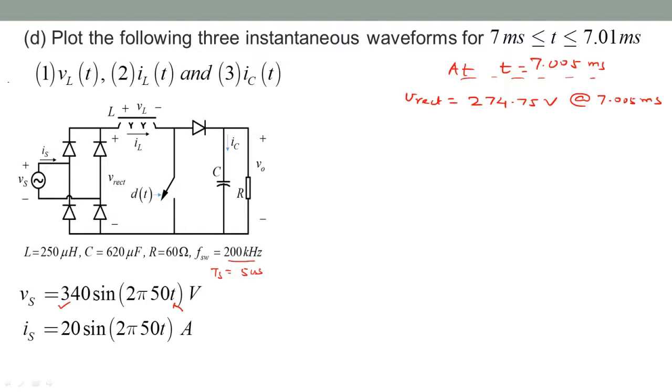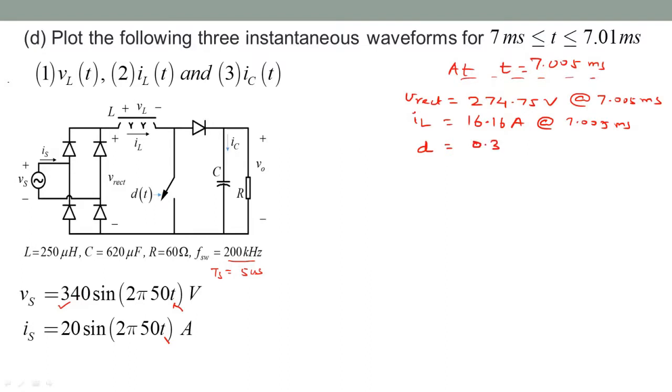Okay, so then the other one that you would need is IL, again at 7.005. So substitute in this here t to be 7.005 milliseconds. You'll get IL to be 16.16 amperes. Again at 7.005 milliseconds. Then the duty ratio, which is certainly needed for all the waveforms, again at that interval, 7.005 milliseconds, comes out to be 0.3915.